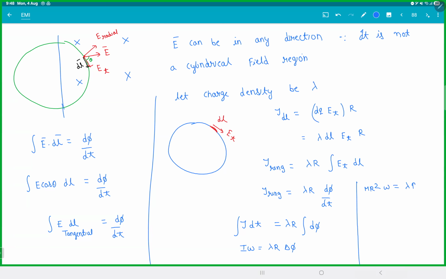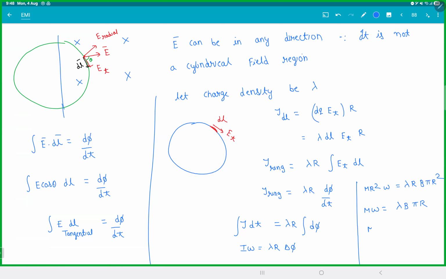Lambda r, what is the change in flux? Initially the B is 0. When it completely enters inside, the flux will become B into pi r square. From here we will get omega is equal to, we want to find lambda, the charge, right? So r square goes off. m omega is lambda B pi r.